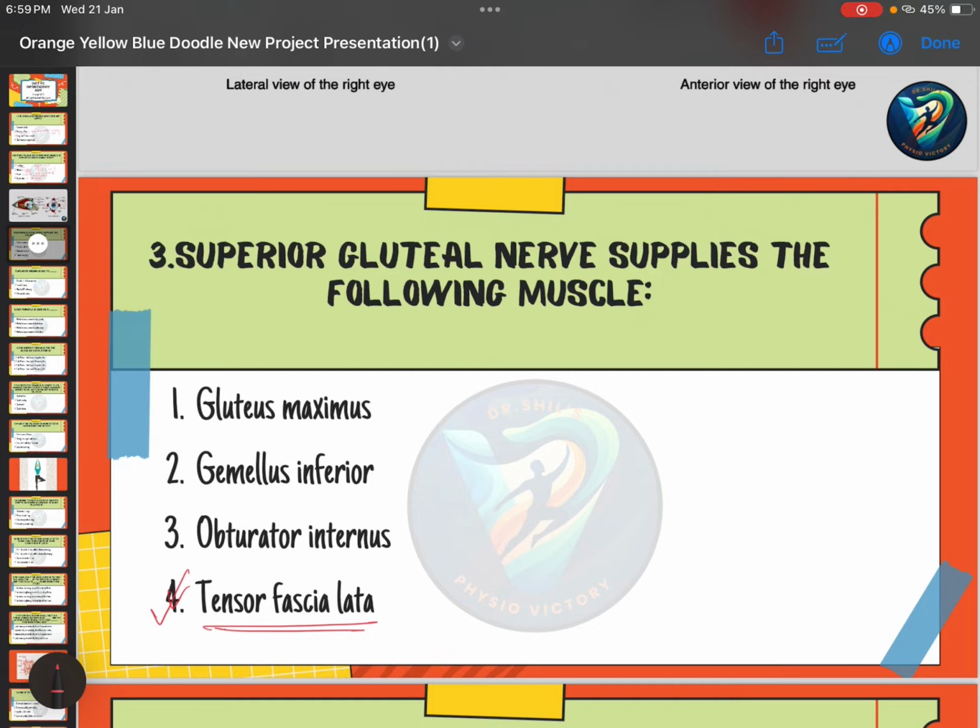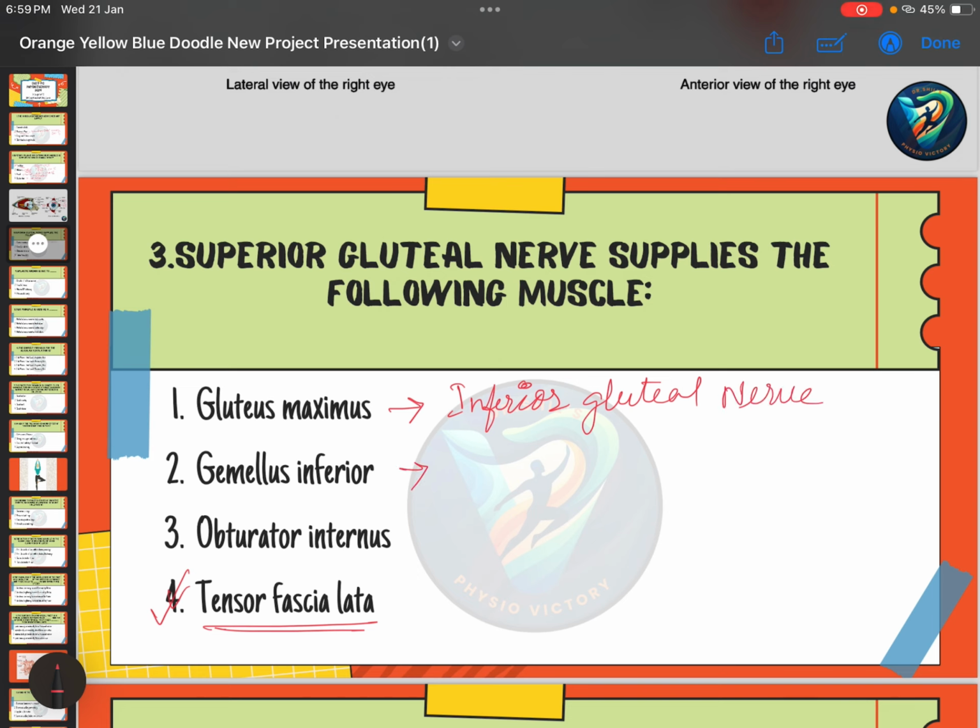Basically tensor fascia lata is supplied by the superior gluteal nerve. Gluteus maximus is supplied by the inferior gluteal nerve.